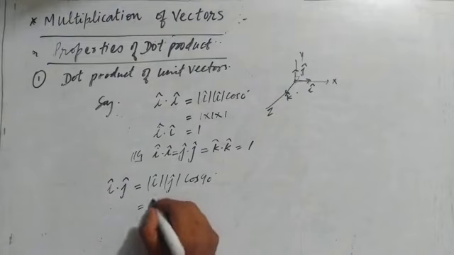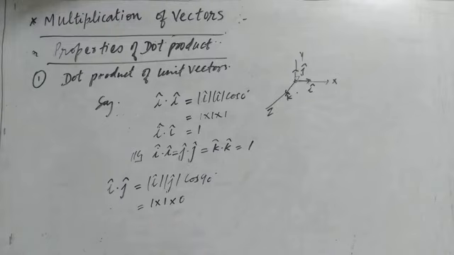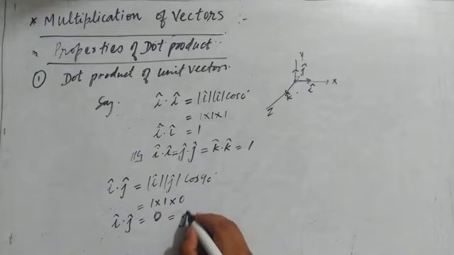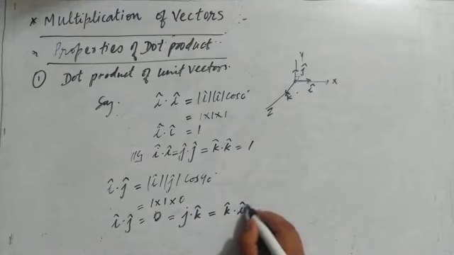So this becomes 1 into cos 90 is 0. This becomes 0. So I dot j is 0. Similarly we can find j dot k is equal to k dot I, all is equivalent to 0.